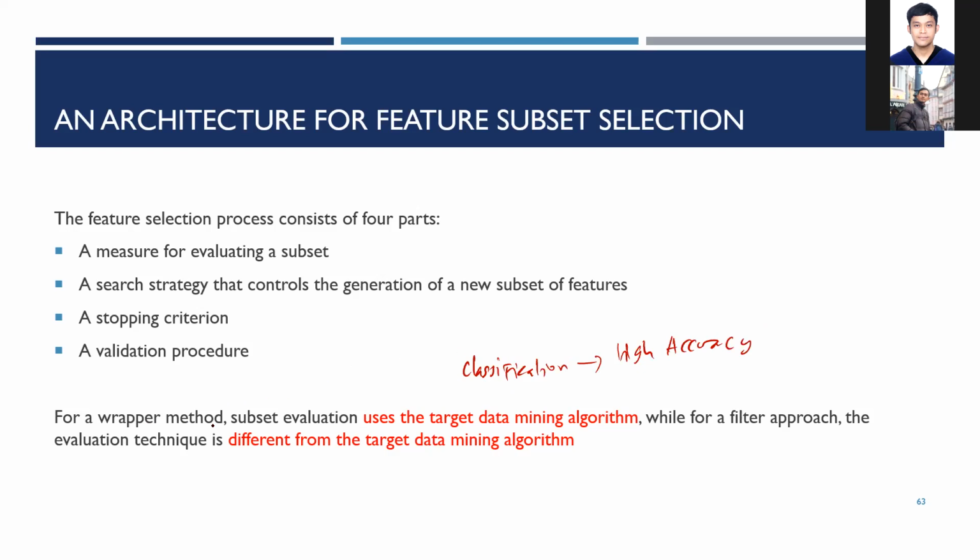So for the subset evaluation, we will refer to the accuracy. But for the filter approach, we can use a different measurement, for example correlation, different from the target.